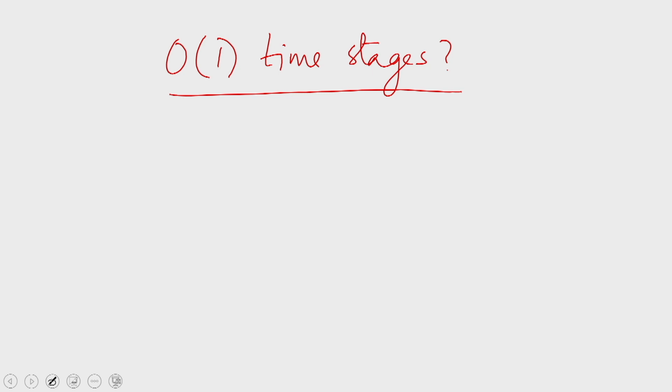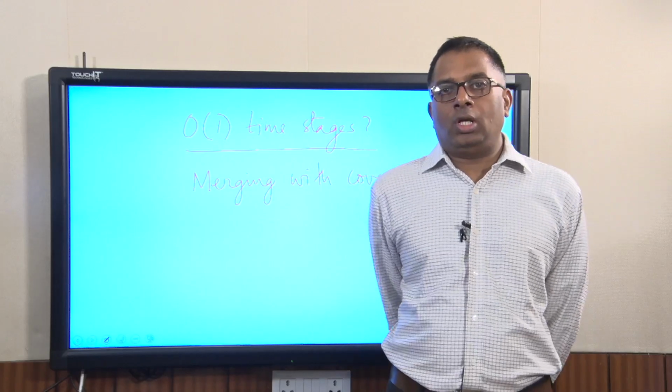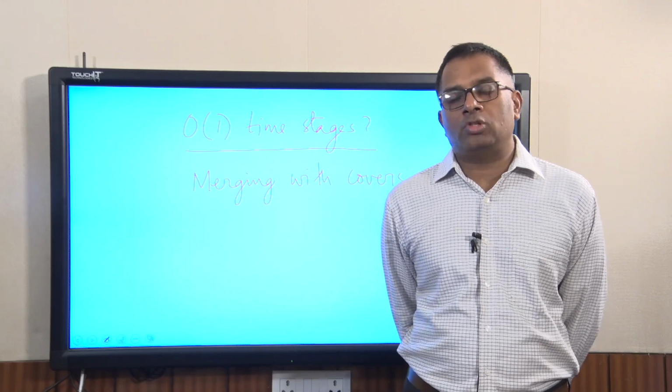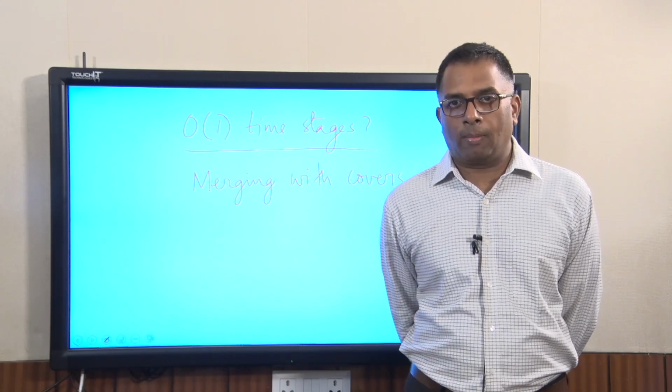To achieve order 1 stages, we have to do what is called merging with covers. We say that an array is a cover of another one. In particular, we say that an array C is a D-cover of array B if between any two elements of C there are at most D elements in B.